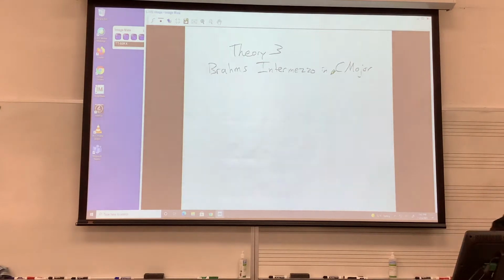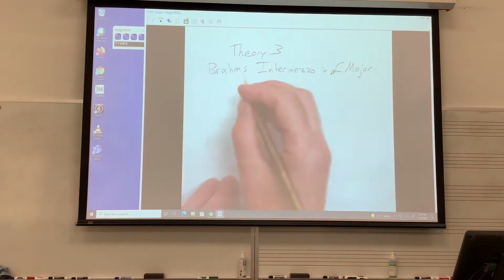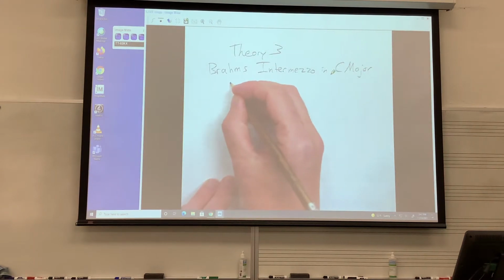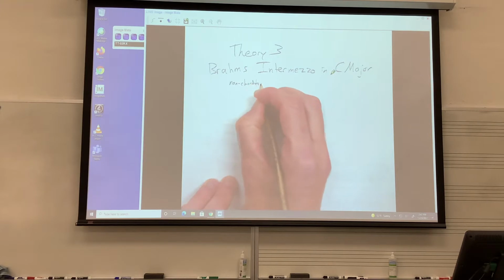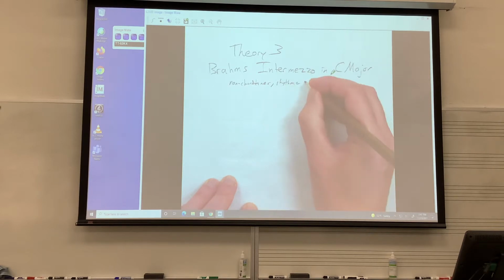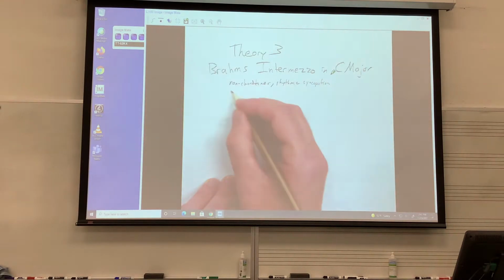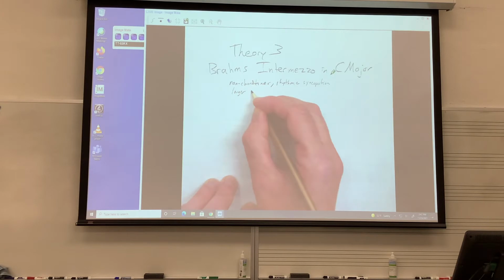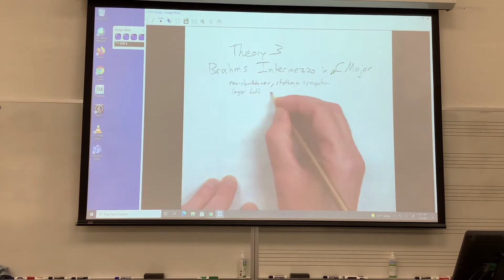Now, when we looked at the last Intermezzo, the one in A minor, we saw the use of non-chord tones and sort of rhythmic syncopation. We saw also larger left-hand textures and ranges.